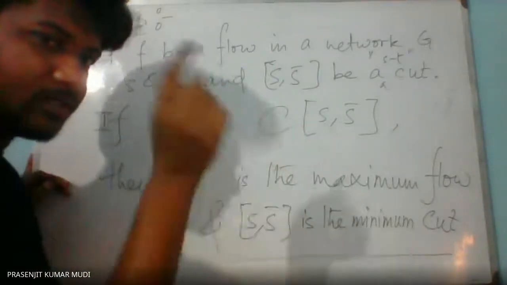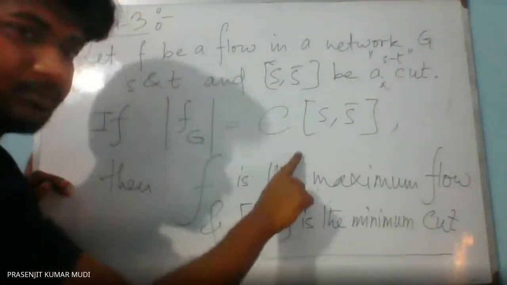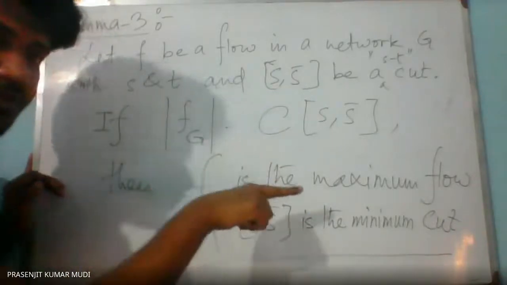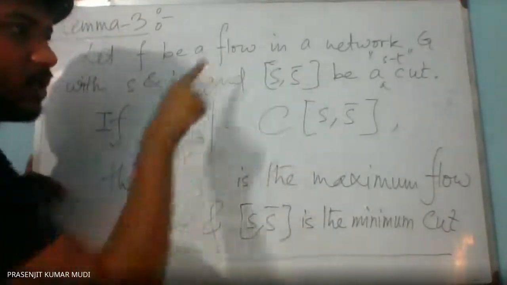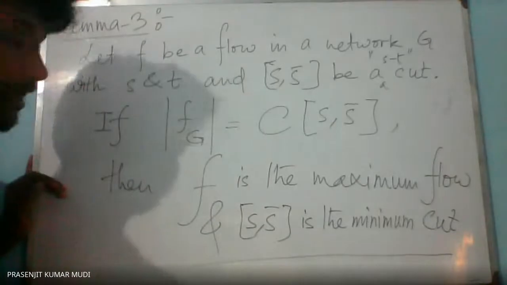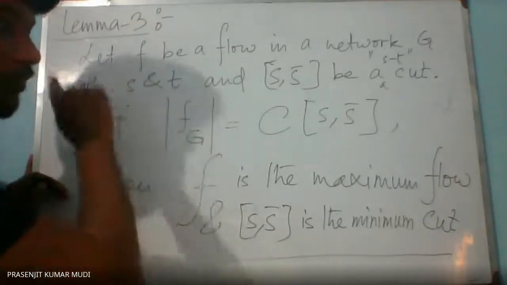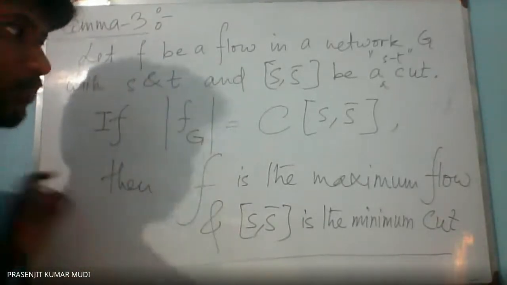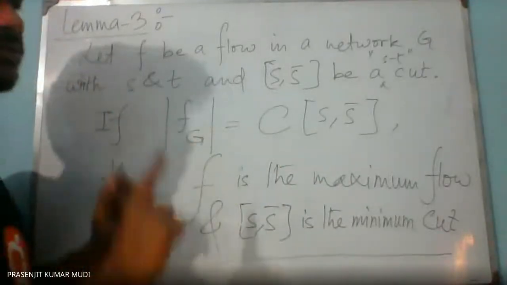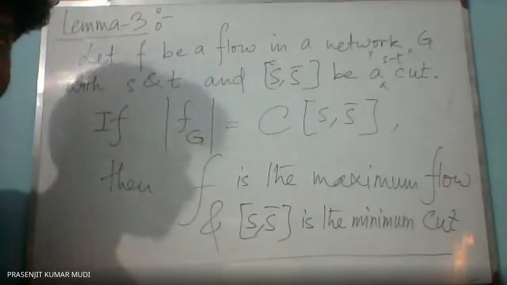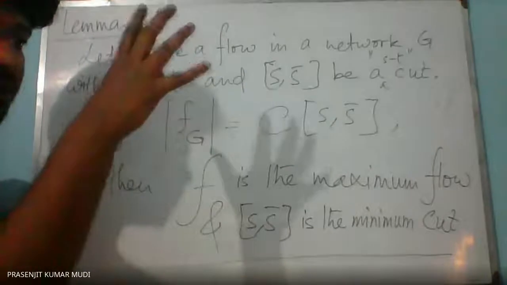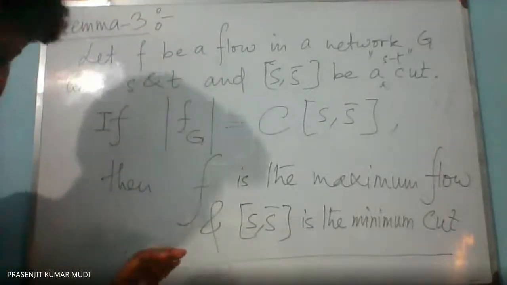You can calculate the capacity of a cut. I have shown you one example of how to calculate cut capacity, right? And also how to calculate the flow of a network, right? So you can compute both these things for a given flow network, for all possible cuts.